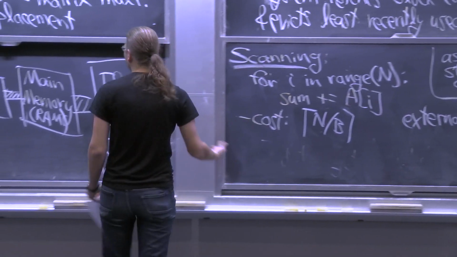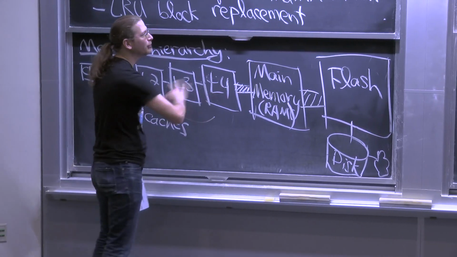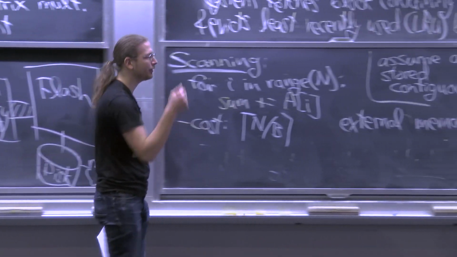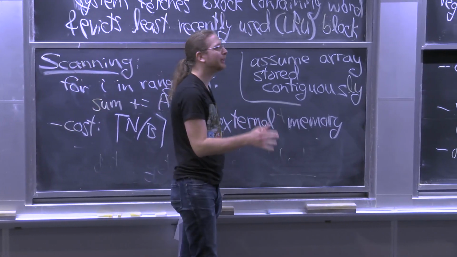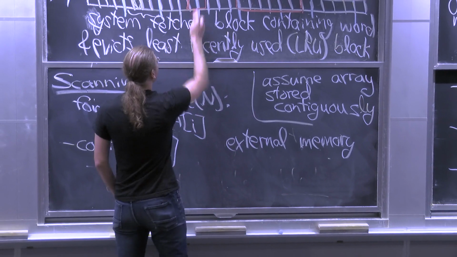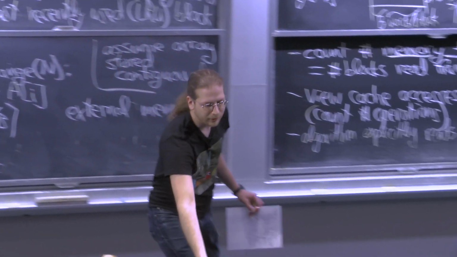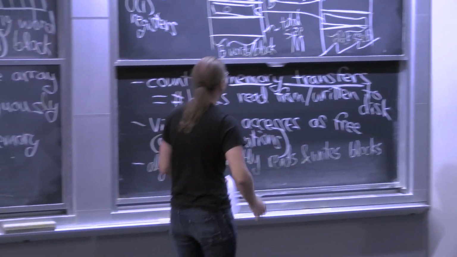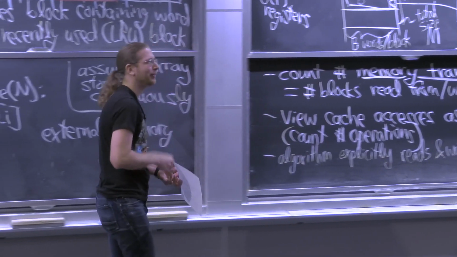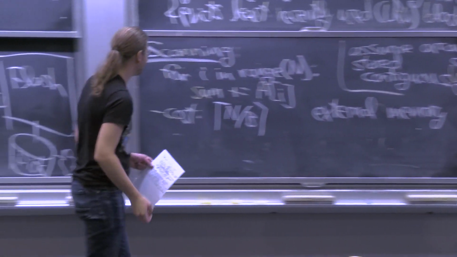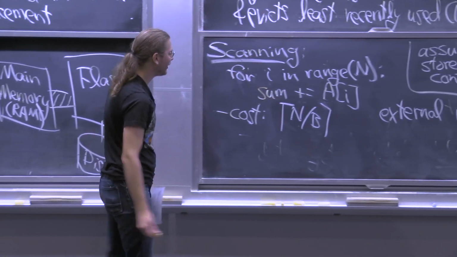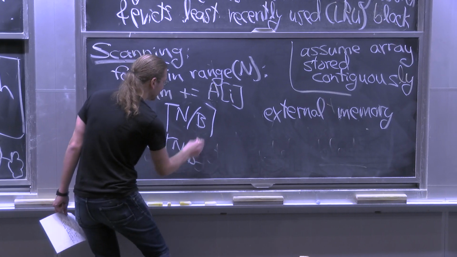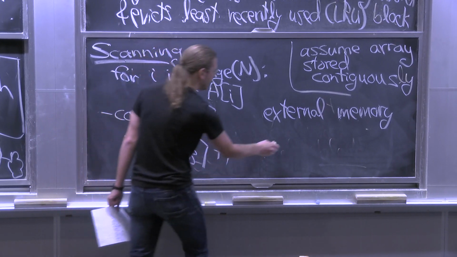And again, in reality, there are block boundaries all over the place, and there's no way to know. You can't request that when you allocate an array, it always begins at a block boundary. So you can span block boundaries. It's going to be, at most, ceiling of n over B plus 1 cache-obliviously.